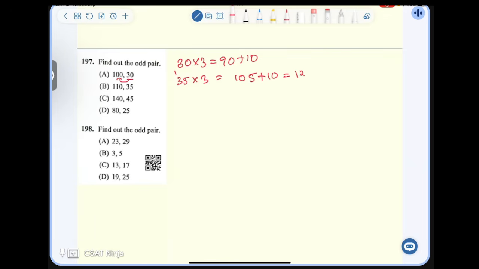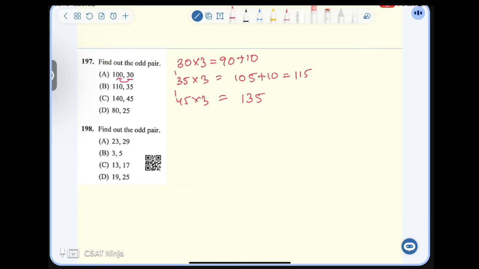Let's check for the other one as well. 45 into 3 is 135.